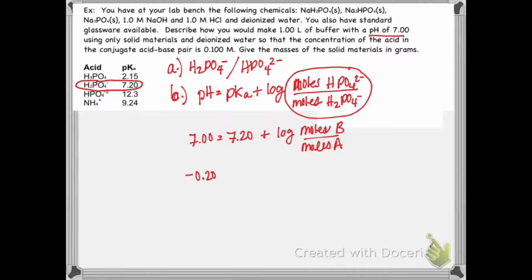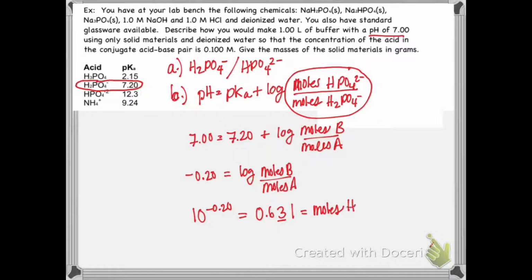So subtracting, I get negative 0.2 equals the log of the moles of base to moles of acid ratio. So to get rid of that log, we're going to take 10 to the negative 0.20, and that gives us our moles of base to moles of acid ratio, which is 0.631. Okay, 2 sig figs keeping 1 guard digit.